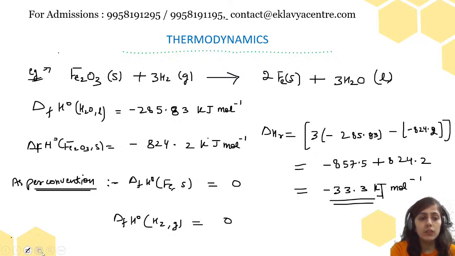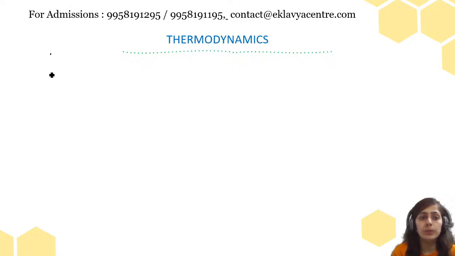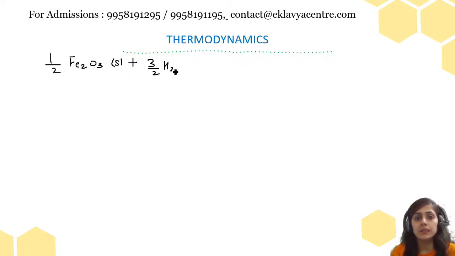Now suppose we divide the whole equation by 2: half of Fe2O3 solid plus 3 by 2 of hydrogen gas will give you Fe solid plus 3 by 2 of H2O liquid.